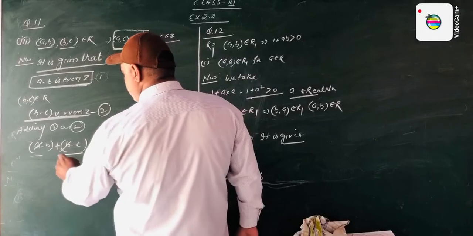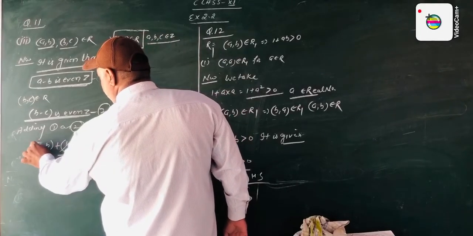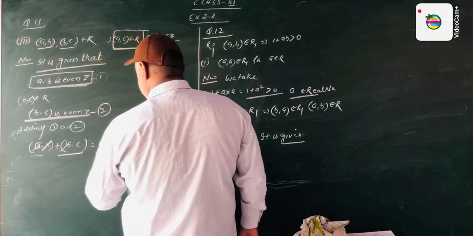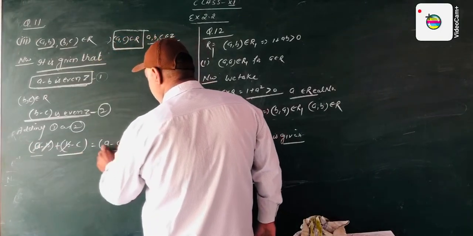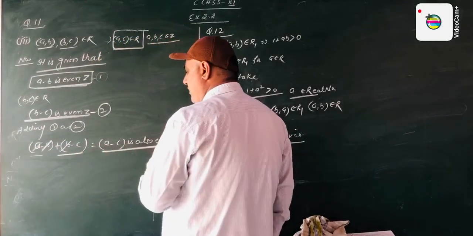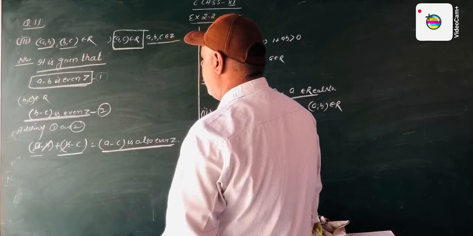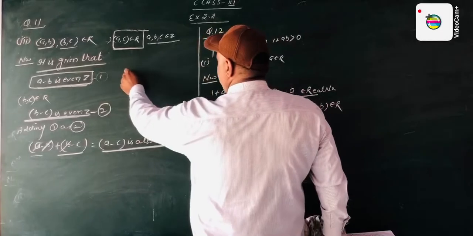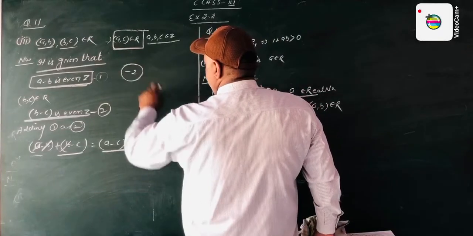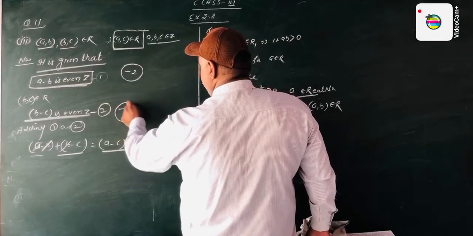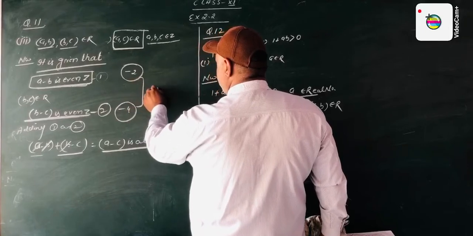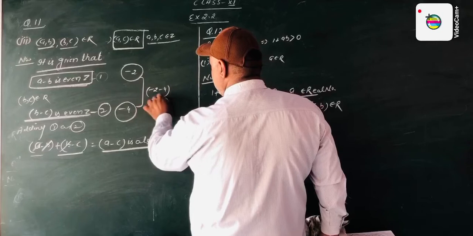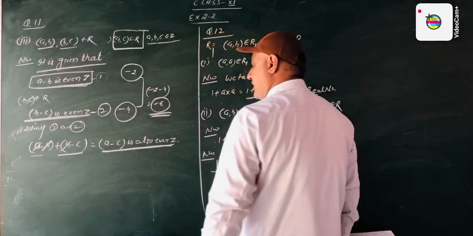If we add these two numbers, then the B and minus B cancel, and we get A minus C is also an even integer, because the sum of two even integers is also an even integer. For example, we take minus 2 is an even integer, minus 4 is also an even integer. If we add both these integers, minus 2 and minus 4, we get minus 6. This is also an even integer.